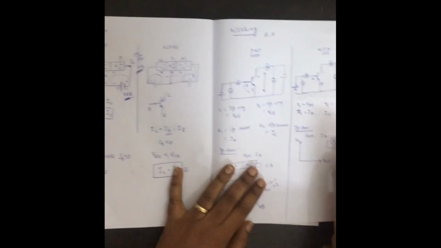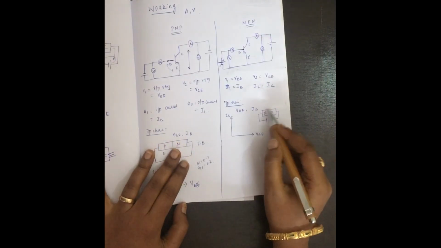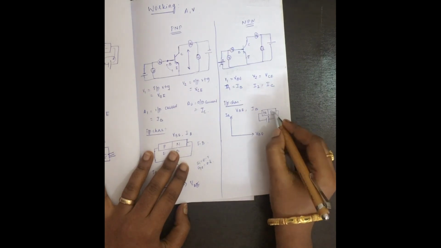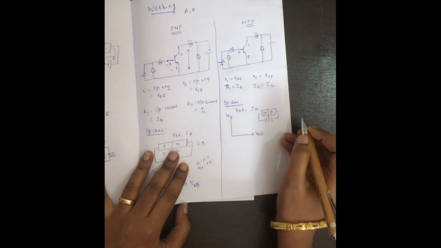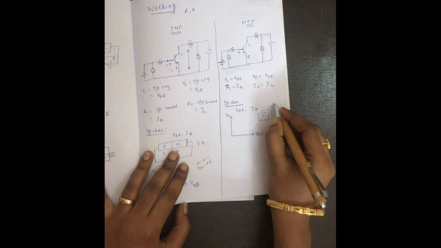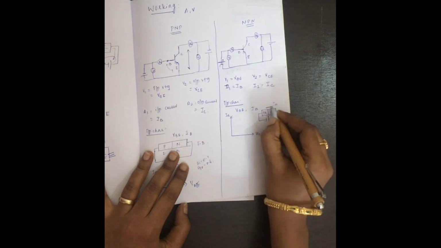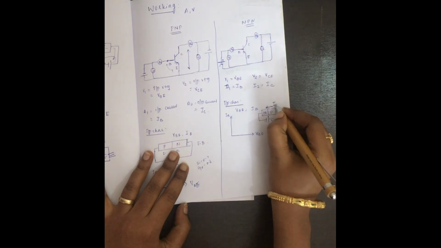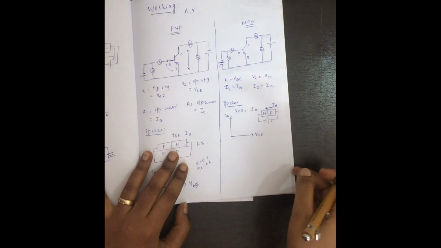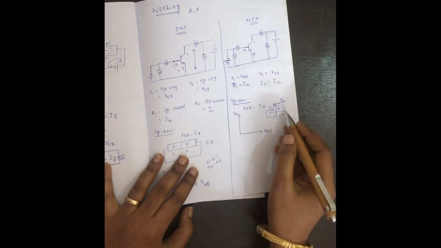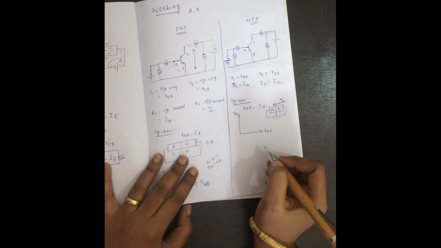Here also this is acting as a diode in forward bias condition. P is connected to positive and N is connected to negative, so current IB flows in this direction, from the P to the N layer. So when VBE is increased, current IB also increases.